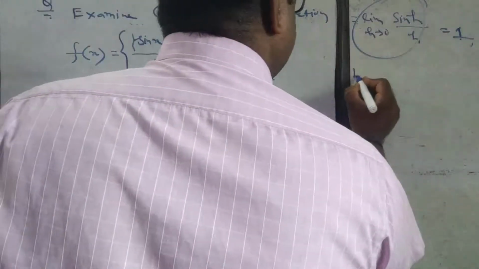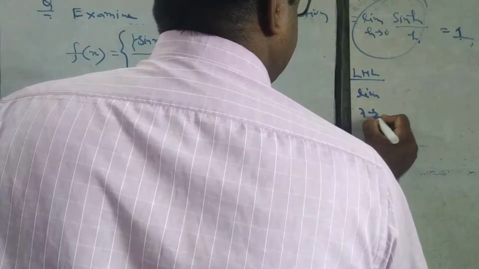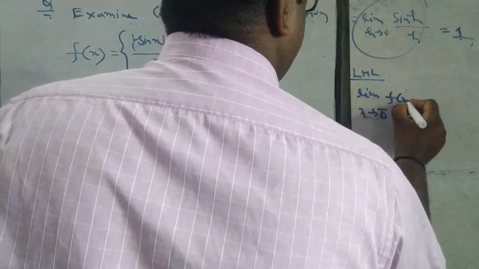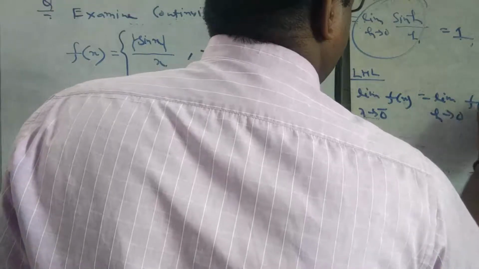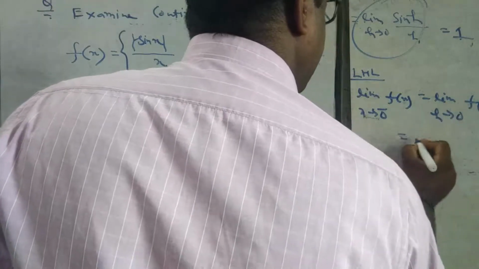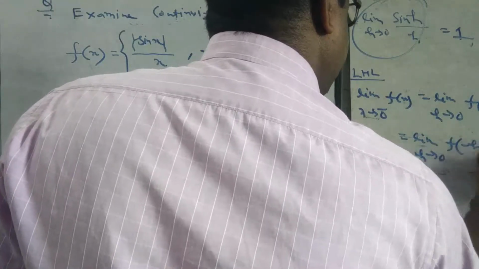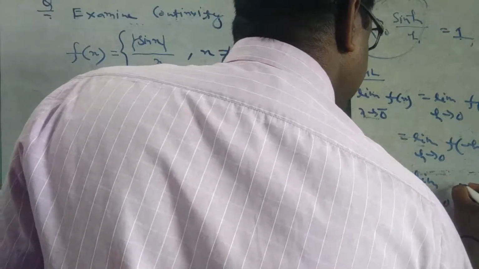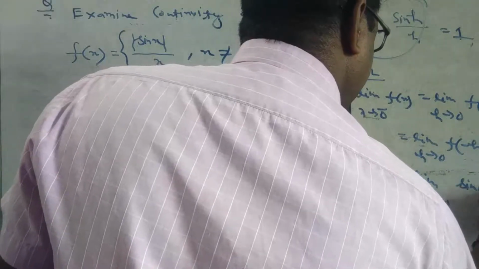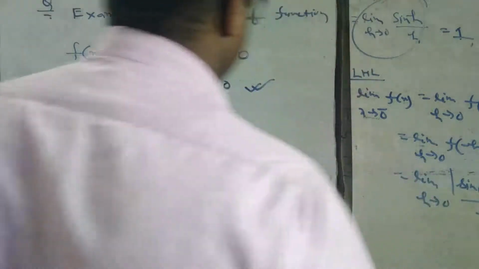Now come to the LHL. Limit x tends to 0 minus f(x) is limit h tends to 0 f(0 minus h), which is limit h tends to 0 f(minus h), which is limit h tends to 0 of mod sin(minus h) upon minus h.